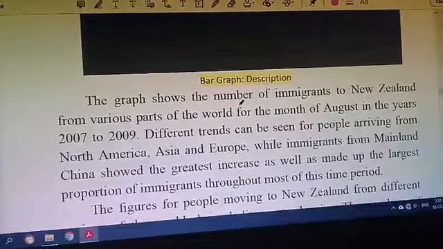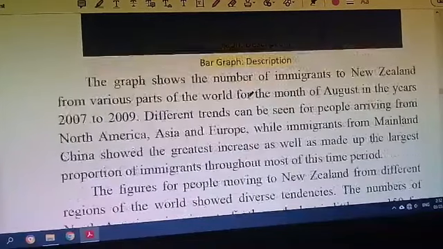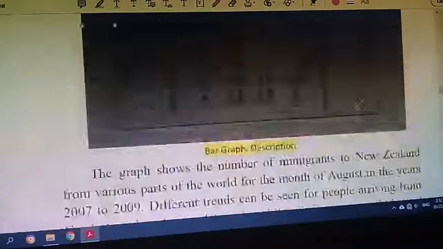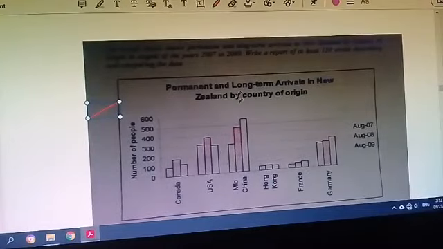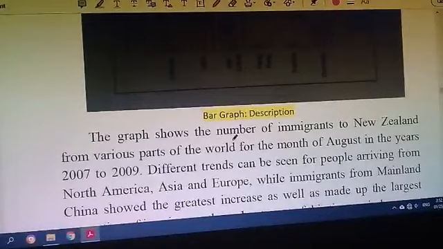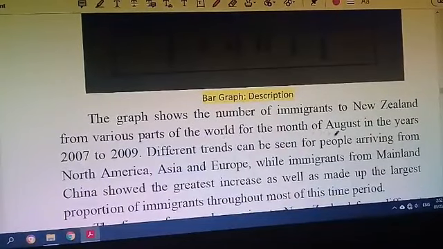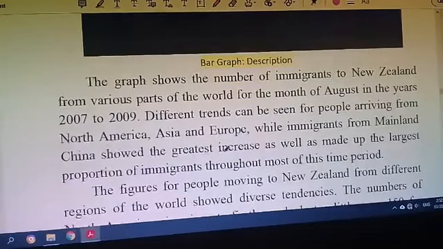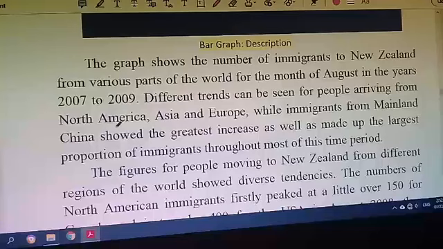The graph shows the number of immigrants to New Zealand from various parts of the world for the month of August in the years 2007 to 2009. Different trends can be seen for people arriving from North America, Asia and Europe.